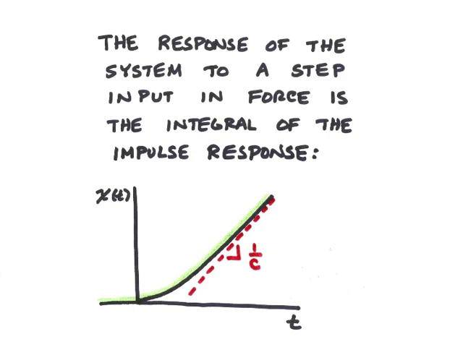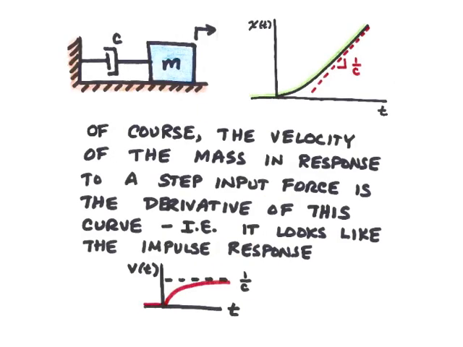So we know the behavior of this mass damper system when the mass is acted upon by a constant force. After the transient dies down, the mass will move with constant velocity. So what does the curve of velocity versus time look like when a constant force is being applied to the mass?